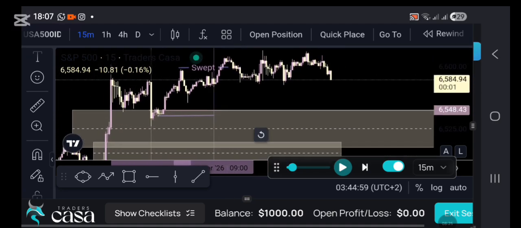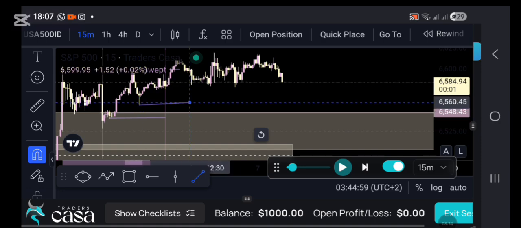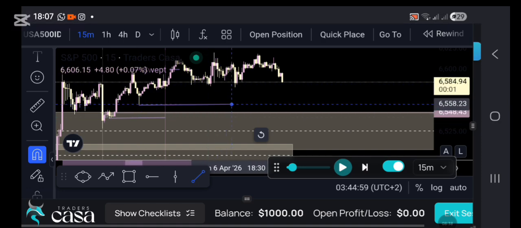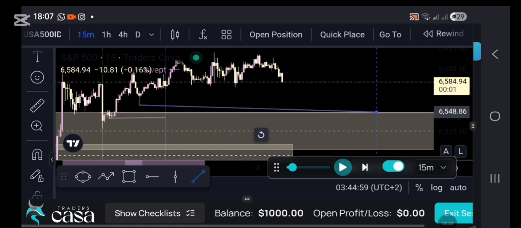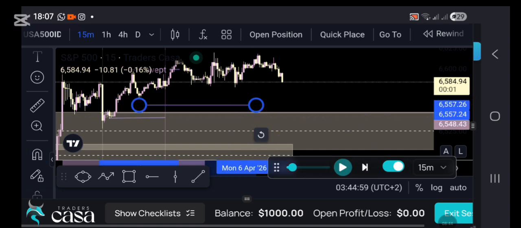So we clearly have a liquidity point right here that needs to be swept.